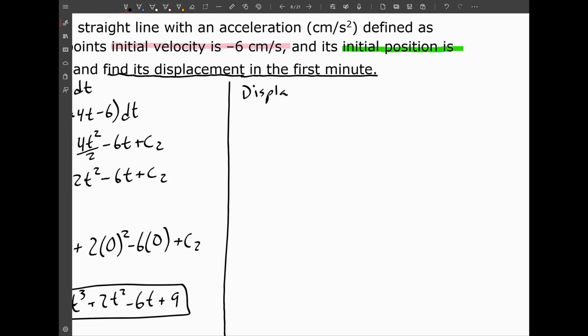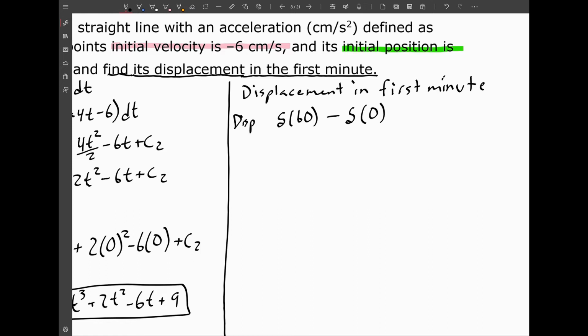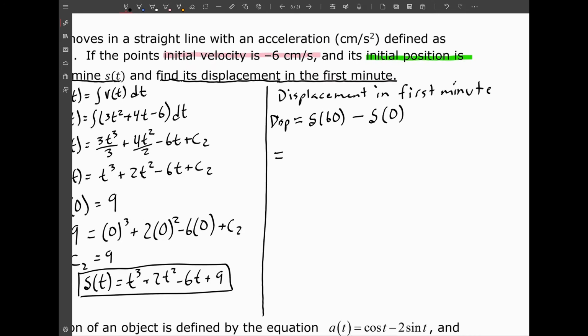So displacement in the first minute is just going to be our position at 60 seconds minus our position at 0 seconds. That's going to be our displacement. So to solve that, all we have to do is take our position formula and evaluate it at both points.